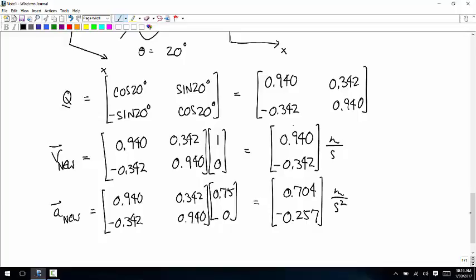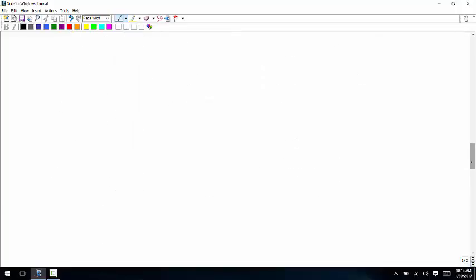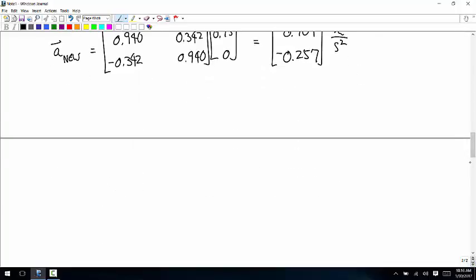The other way you could do it is take projections of the original vector onto unit vectors in the new x and y directions.